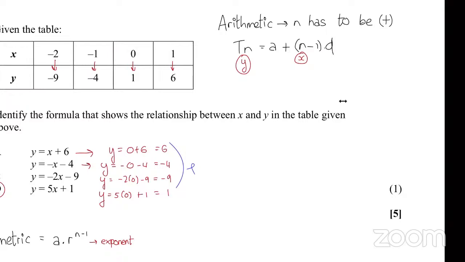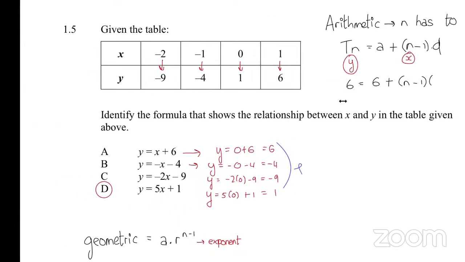So in that case, we can say Tn is equal to the first term, 6, plus n minus 1 times the difference. We leave n as n. We can calculate the difference.